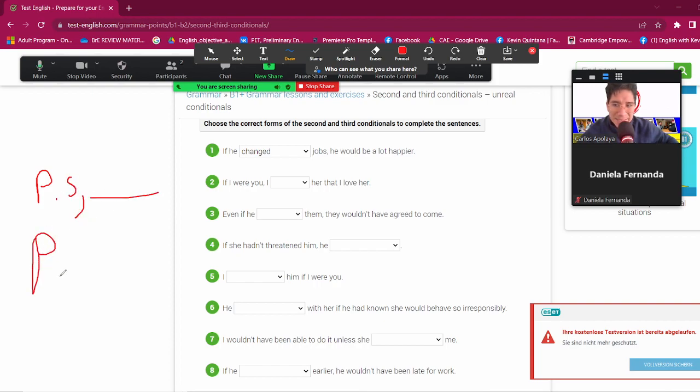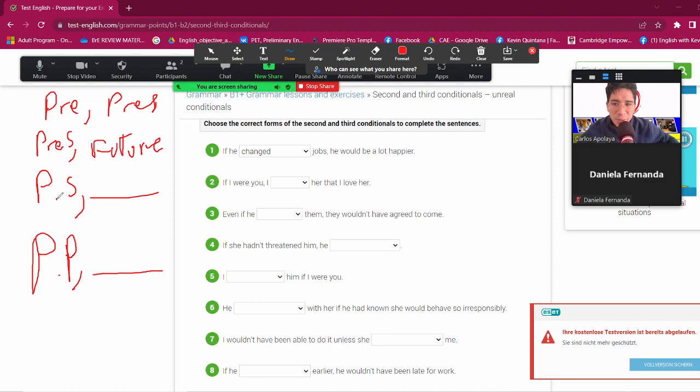When you have the past perfect, what is the structure here? Because this is present simple, and then you have future, and then you have present. But here, when you have past simple, what do you have here? What is the structure?